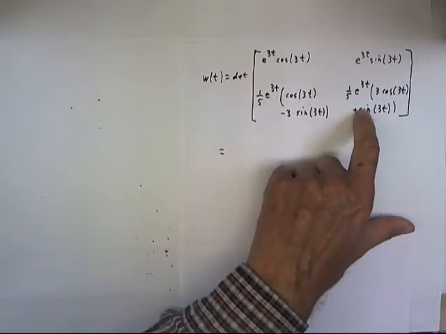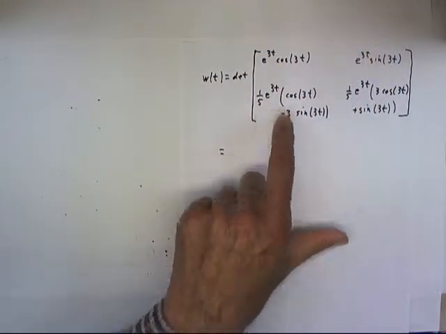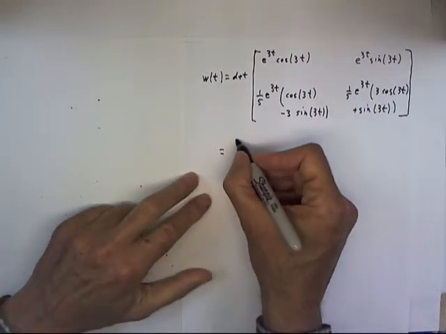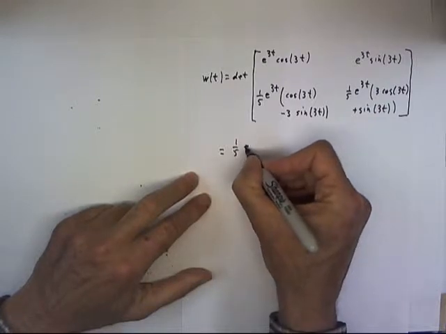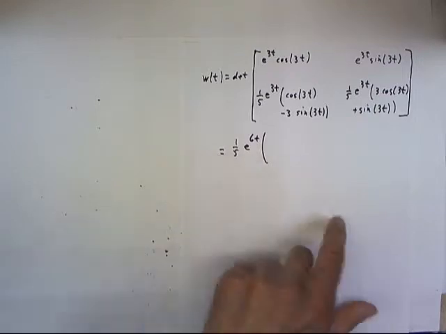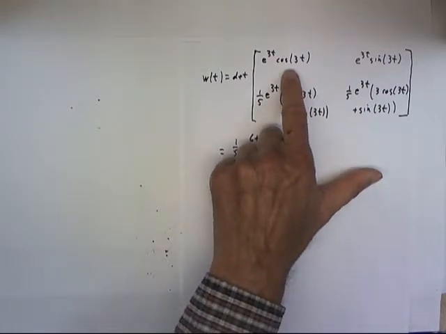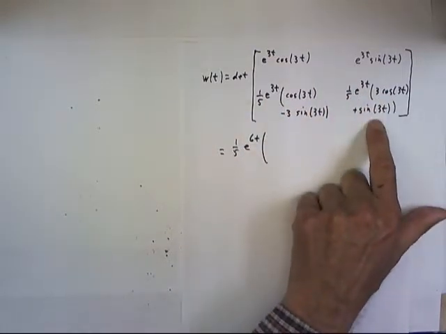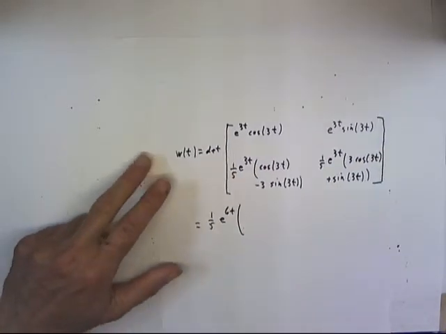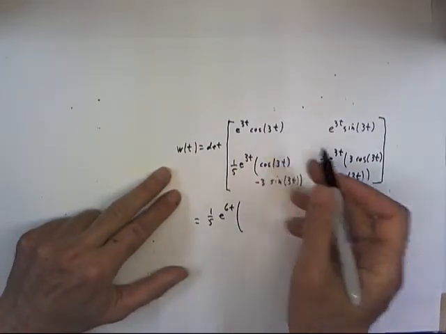If we multiply this by this, or this by this, we're going to get an e to the 6t, and in fact we're going to get a 1/5 e to the 6t. So I'm going to factor out that 1/5 e to the 6t, and then multiply by what's left. We have cosine of 3t times 3 cosine 3t plus sine 3t.